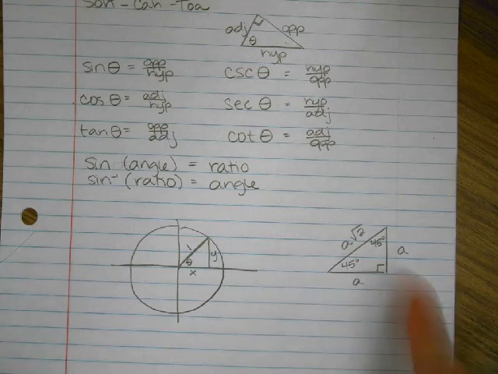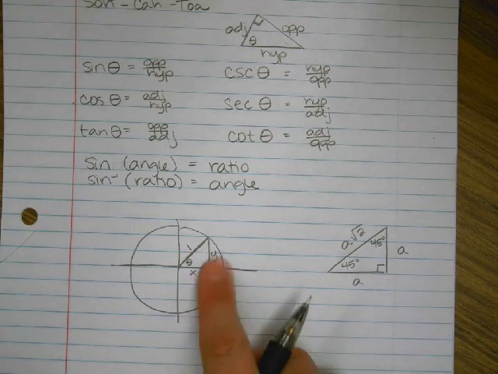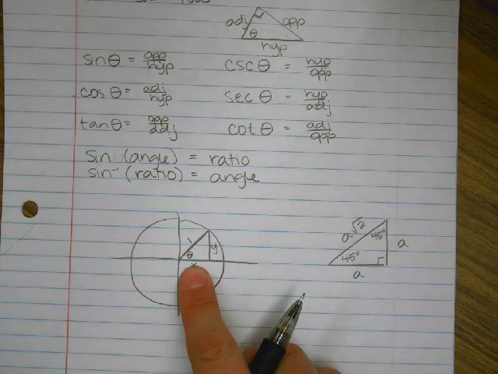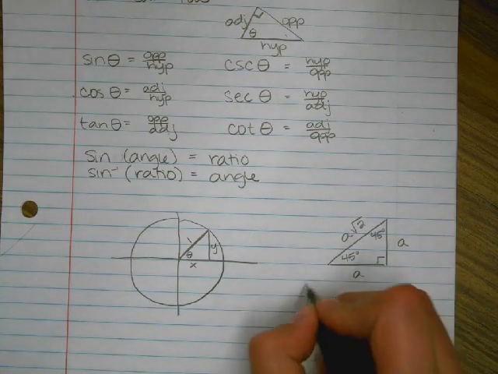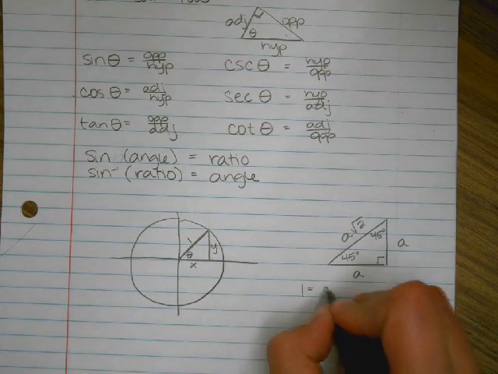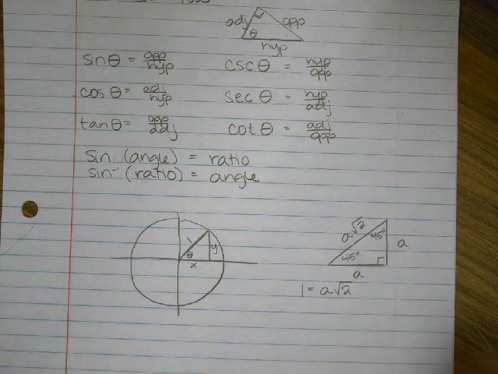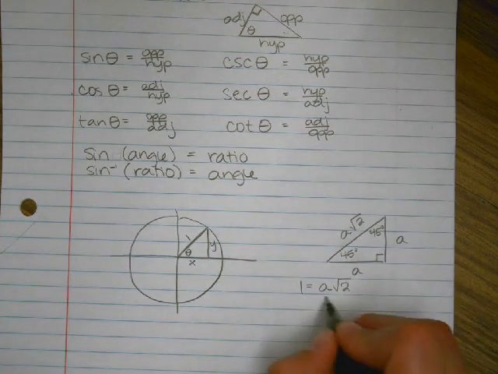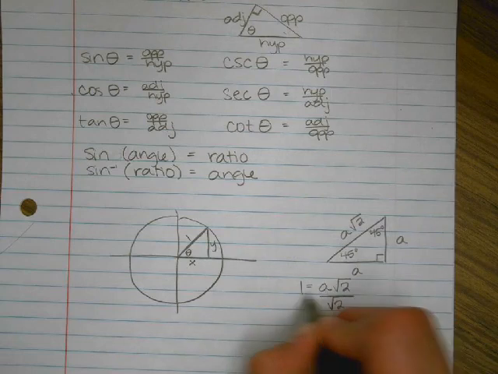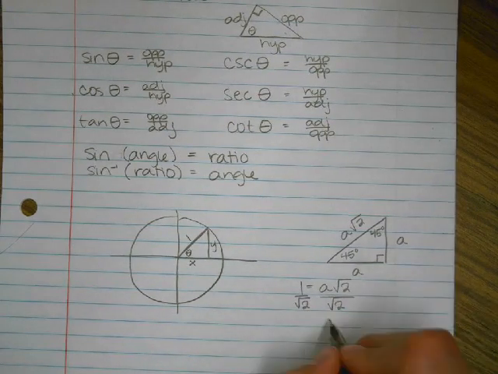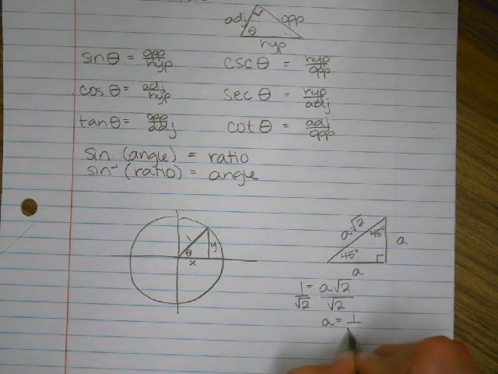So in this problem, if I wanted to know what the sides would be on this triangle, and I know that the hypotenuse is a length of 1, I would say 1 is a multiplied by the square root of 2. And then to solve for a, I would divide by the square root of 2. So a equals 1 divided by square root of 2.